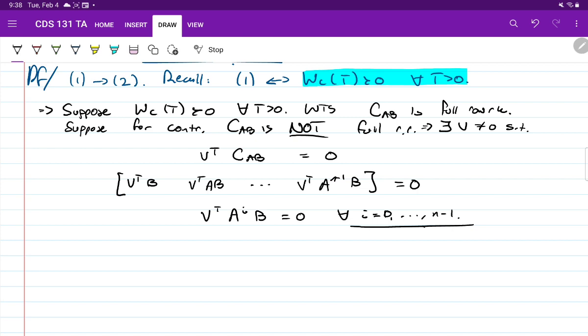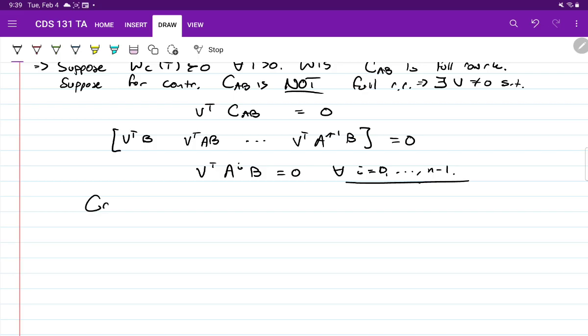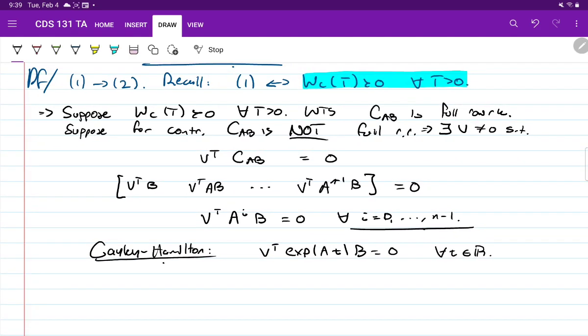Okay, so if we now apply the Cayley-Hamilton theorem, what does this tell us but v transpose e to the At times B equals 0 for all t in R. All right? So let's see if we can now use this to get a contradiction.